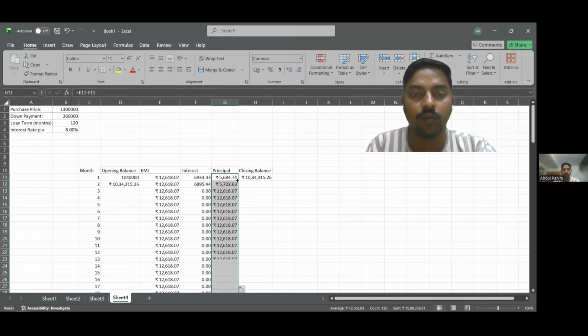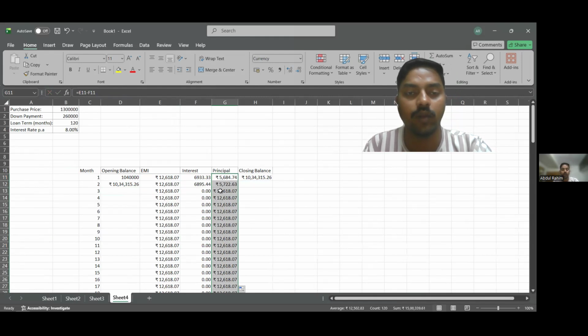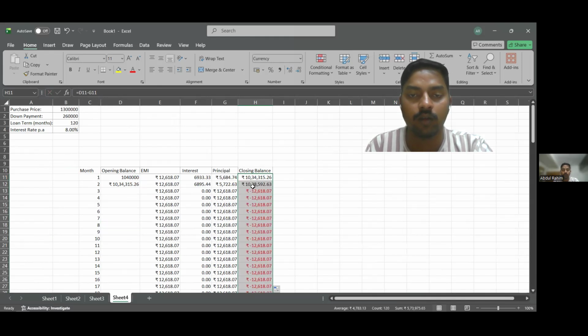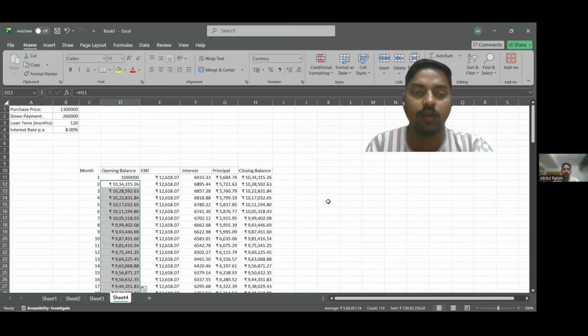It's showing 0 because we have not the opening balance for the next month, that's why it gives us a negative balance. And that thing is also going to change because here is 0. So 12,618 minus 0 is going to be the same.